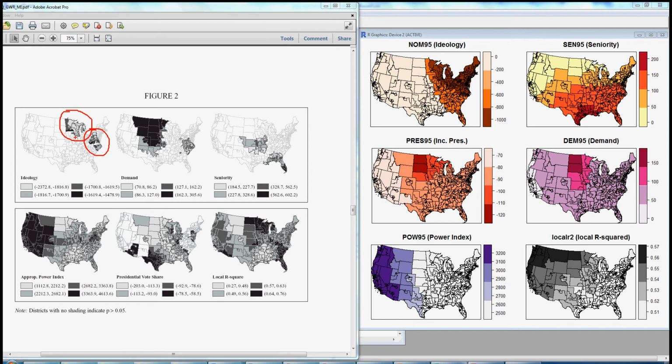The original publication, that is, found the statistical significance of ideology to be very limited geographically. We find that it's more expansive to almost all congressional districts east of the Mississippi. Indeed, it looks like all congressional districts east of the Mississippi, plus some that are just west of the Mississippi. So our results are maybe more generous.